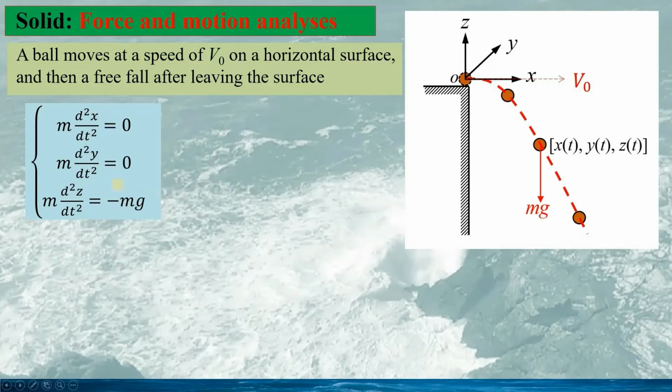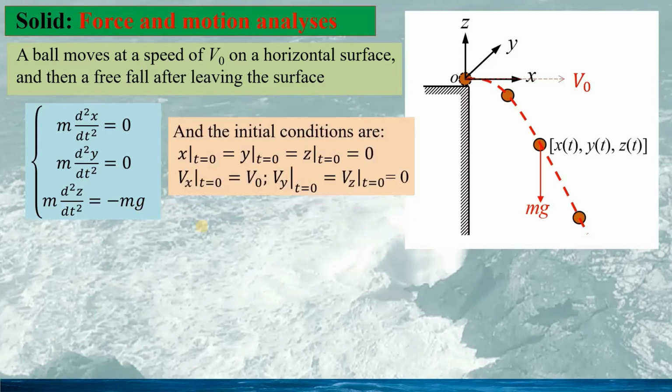This means the ball is subject to its gravitational force, mg. Here, the air friction is ignored, and the initial conditions are given as this. x, y, and z are 0 at t equaling 0, and Vx is v0. Vy and Vz are both 0 at t equaling 0.